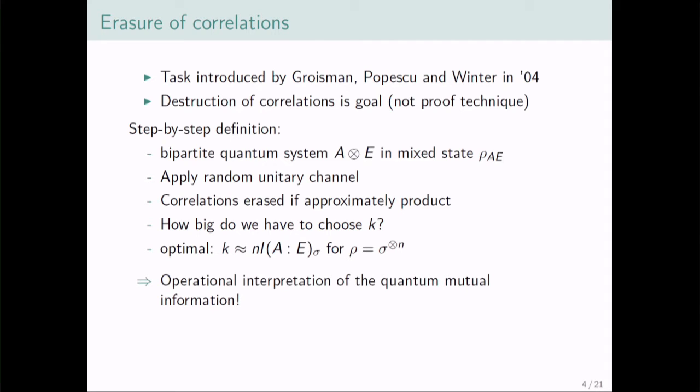And yeah, this is of course an operational interpretation of it, and this should not be considered very surprising in the sense that decoupling and erasure of correlations are really more or less two sides of the same coin. So if we have a protocol for decoupling, then we get one for erasure of correlations, and the other direction becomes true under a slight generalization of the task that we will see later.